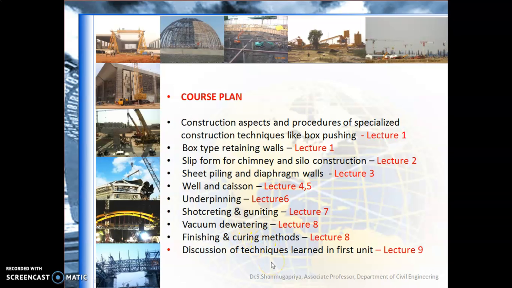Finally, to end, we'll do a refresher of all the techniques that we have learned under unit 1 or module 1, and we'll have a discussion about all these techniques. So this is the tentative course plan to cover this first unit or module.